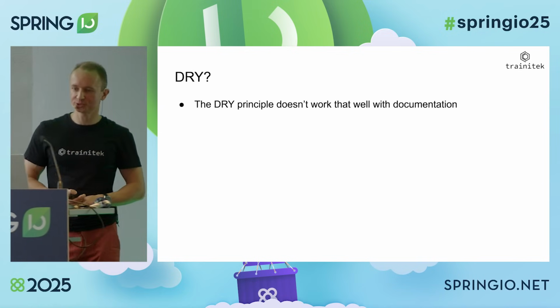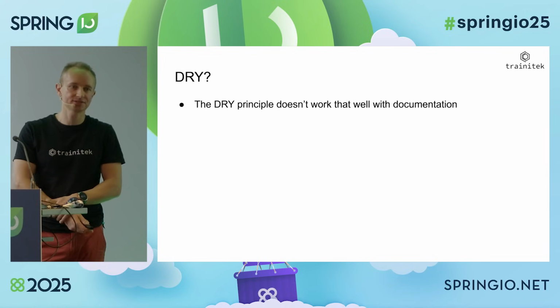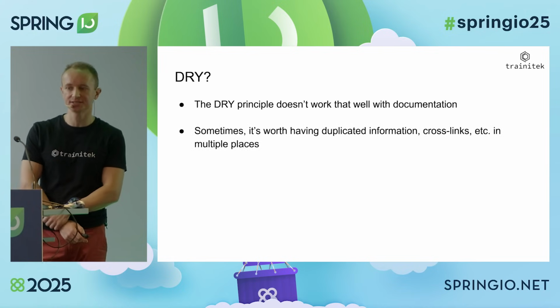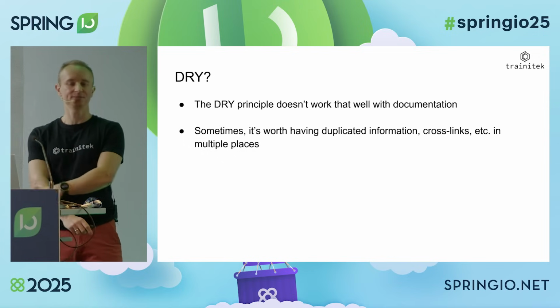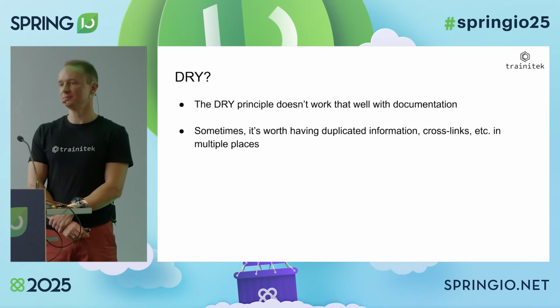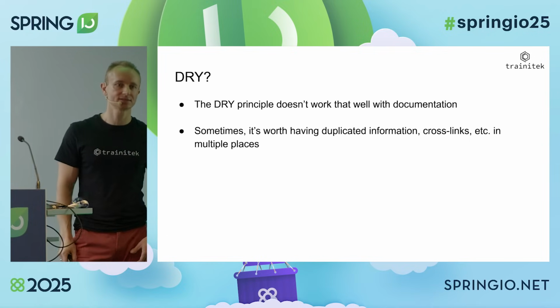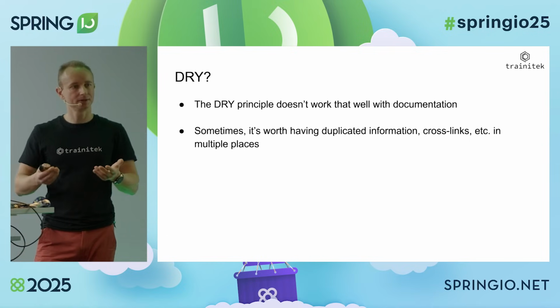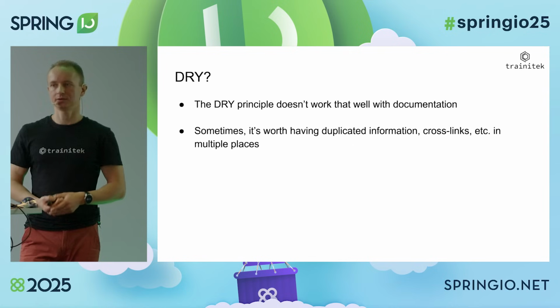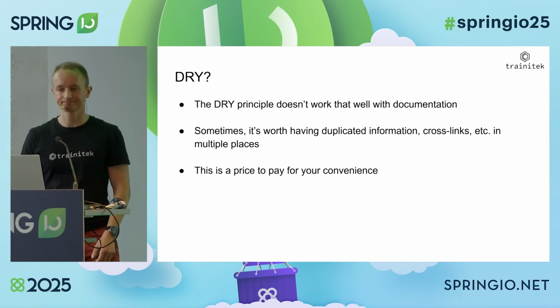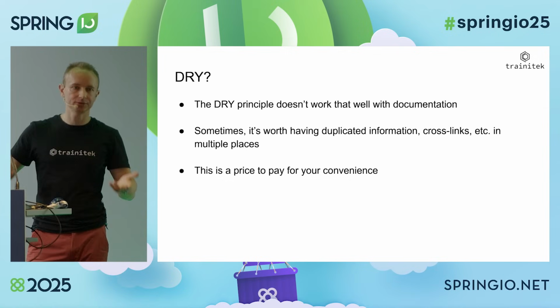If you follow DRY in the documentation, then it will be harder to find the information. Sometimes you need cross links, and a bit of duplicated information, maybe duplicated examples. Yes, it's more maintenance. However, people will be happier when they use your documentation. That's the price, and we are okay to pay this price.